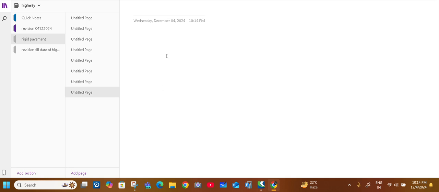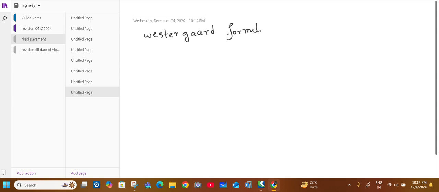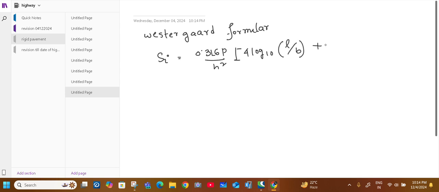There are various formulas available as per Westergaard at various positions. Interior is equal to 0.316 P by h square, 4 log 10 l by b plus 1.069.